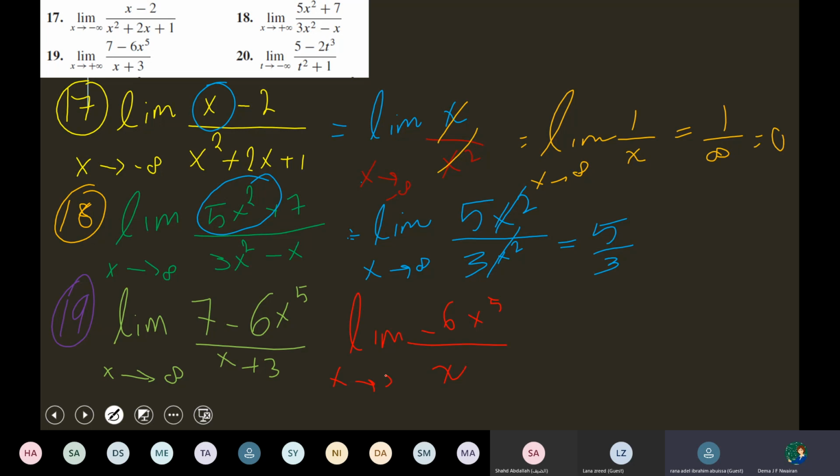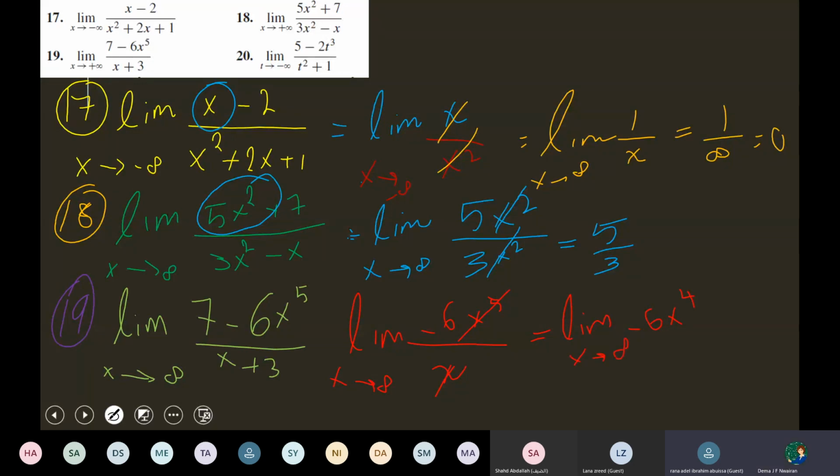Thank you. Then it will be what after you simplify it? Negative 6x to the power 4, when x approaches infinity.